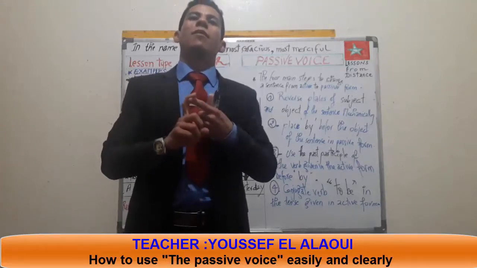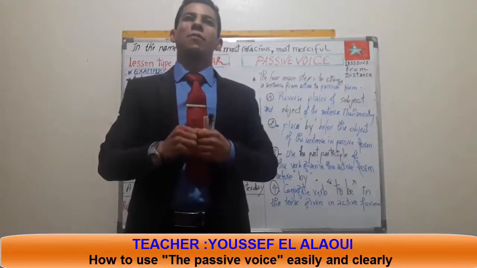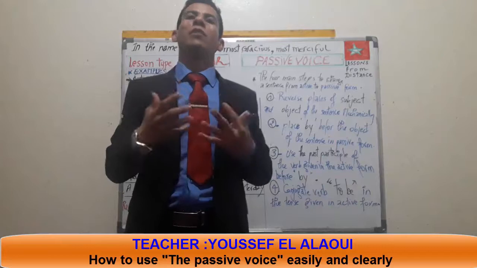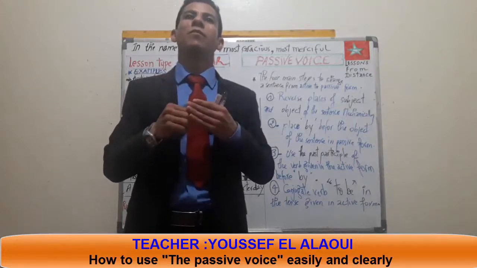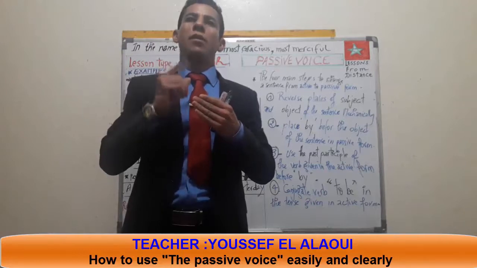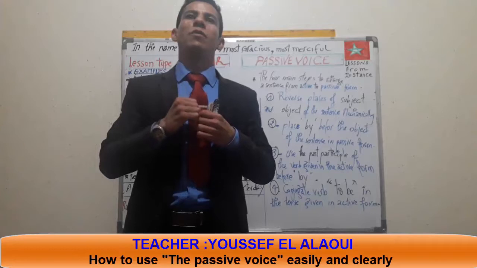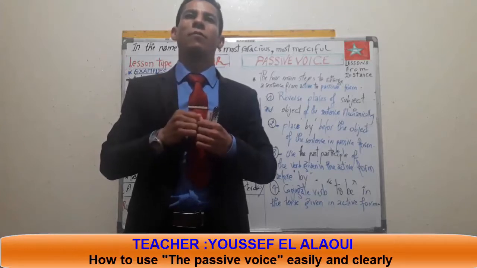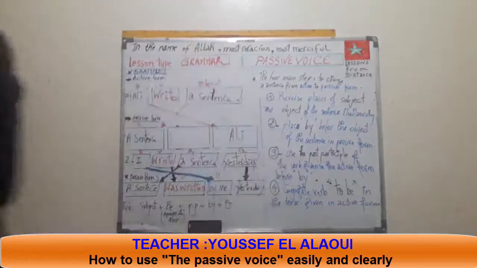Number 4, and the last, verb to be in all tenses. Believe me, if you master the use of these 4 elements, you will make any change from active to passive voice successfully. Are you ready? Let's get started.